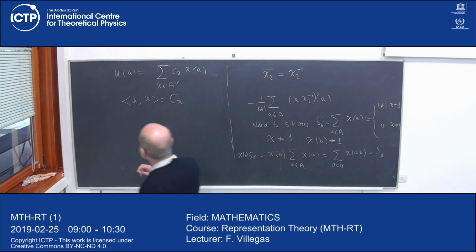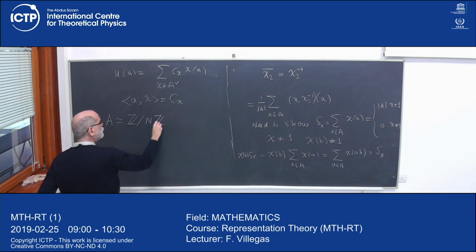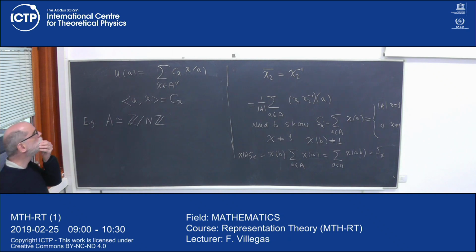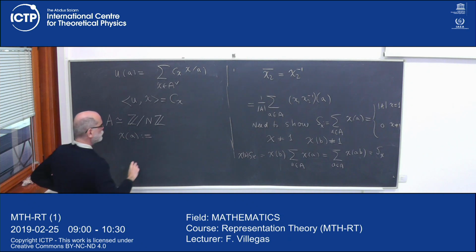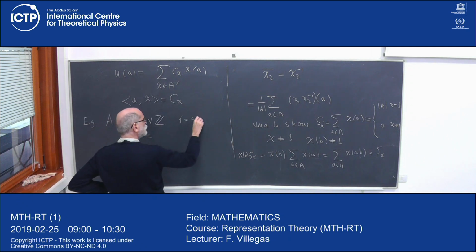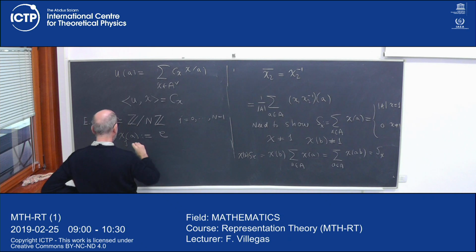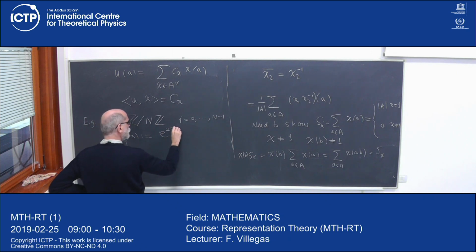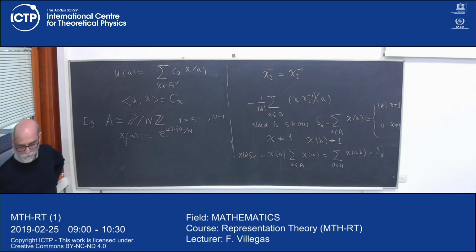Let's say A is cyclic of size capital N. Then the characters, as we discussed, chi sub J of A, where J goes from 0 to N minus 1, we can index them by saying that this goes to e to the 2 pi i J times A over N, making this isomorphism explicit.